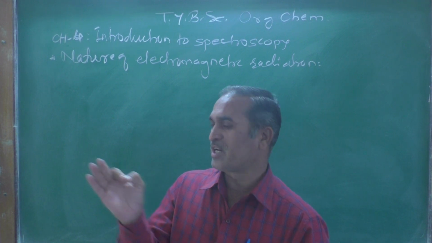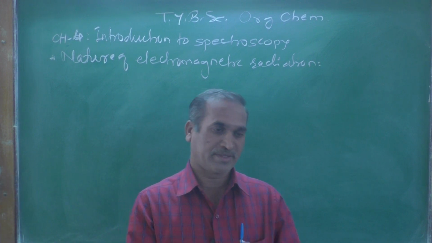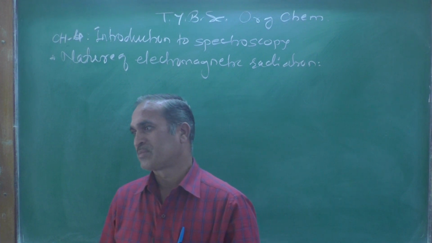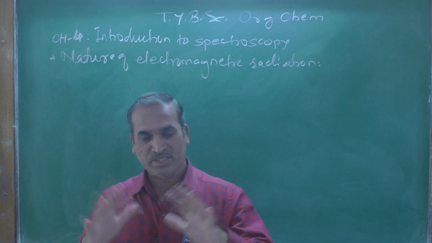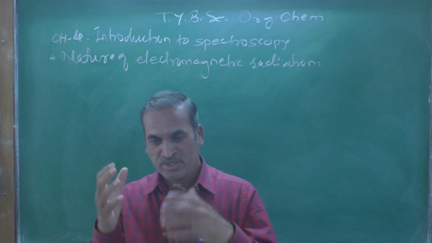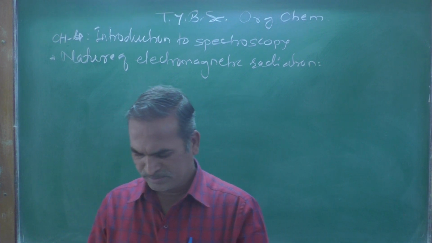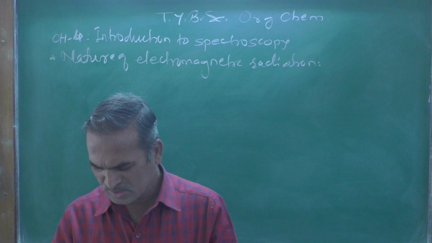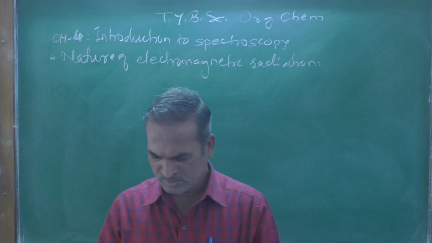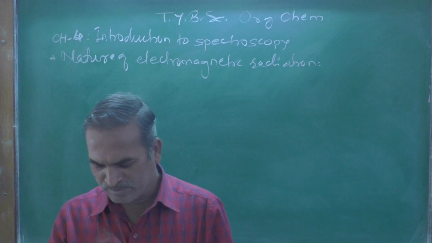When you consider it as a particle, you can use the word light, and when you use the word radiation, we consider the waveform, because radiation exhibits dual nature, particle and wave. In studying spectroscopy, our emphasis is more on the waveform of the radiation.